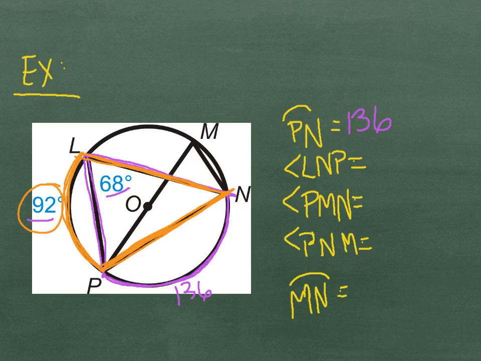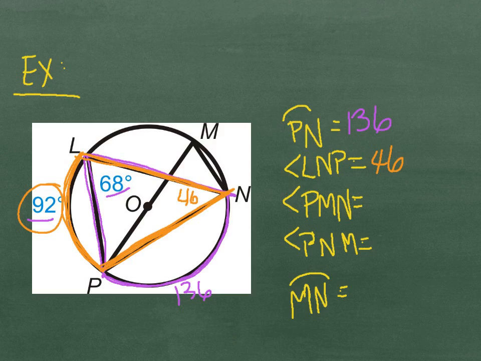Remember, you want more arc, so you need to cut 92 in half to give you the value of the angle. So 92 divided by 2 is going to give you 46. So you're going to have 46 right here in this angle. And what I would do is definitely fill this in because you may need to use these values to help you find other angles.